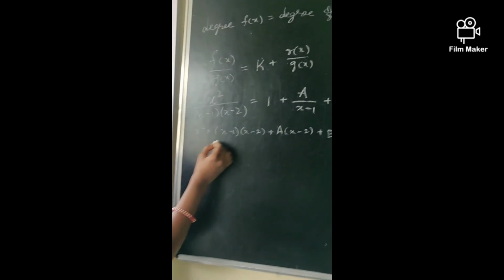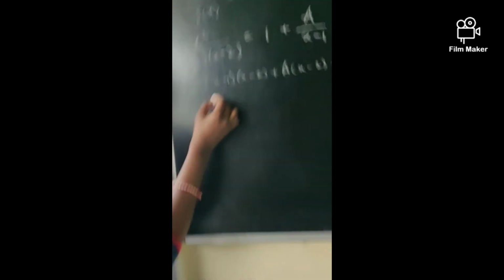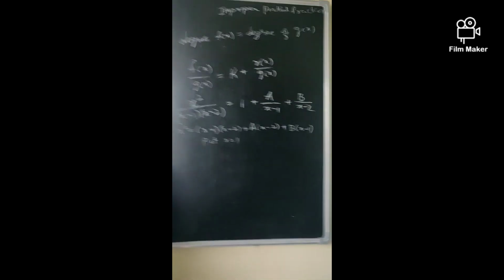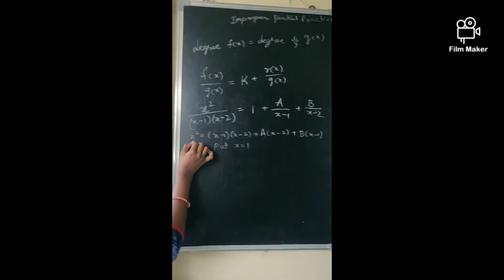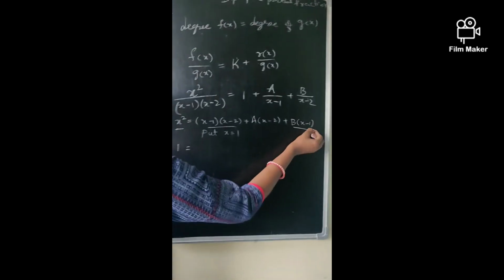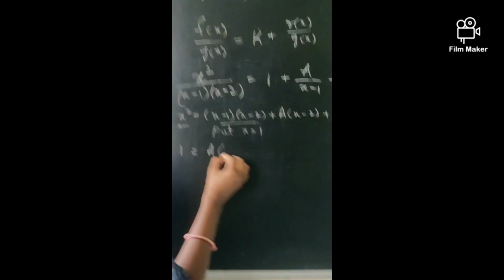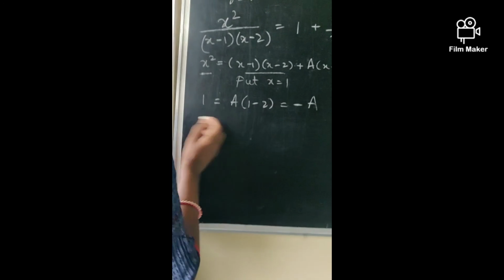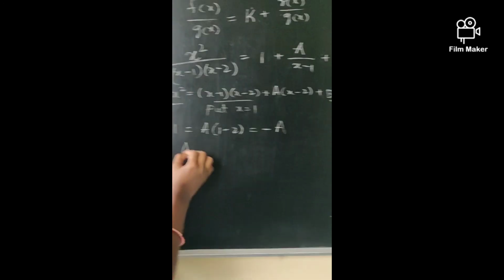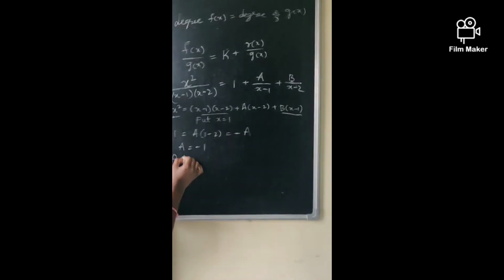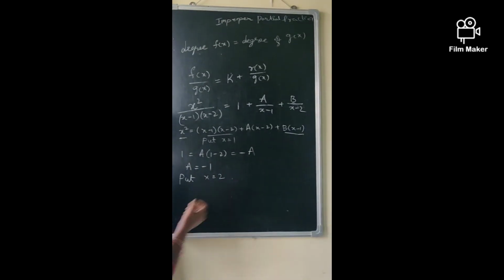Now here we have to put x is equal to 1. Put x is equal to 1. What happened for this? 1 square, that is 1, and this will be cancelled and this will be cancelled. a into 1 minus 2, that is minus a. So a value is minus 1. And put x is equal to 2.